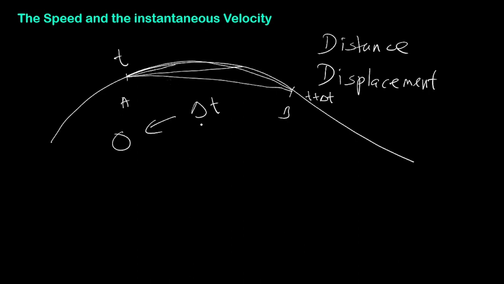So as we shrink the time interval delta t, the displacement delta s bar also becomes smaller and smaller, and the distance also becomes smaller.